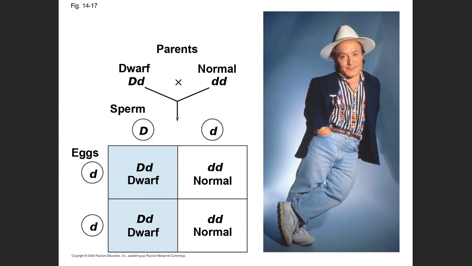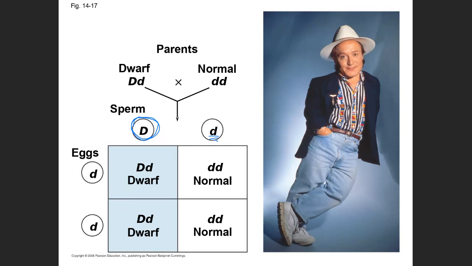So if we have an individual who has dwarfism, the achondroplasia, that means they're heterozygous, right? The dominant allele is what gives them achondroplasia. The recessive is for normal height.